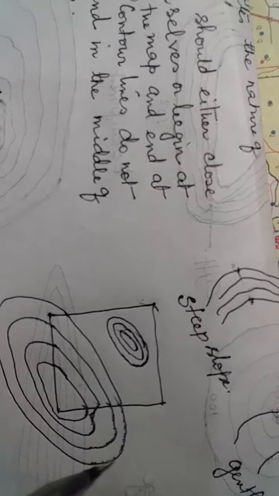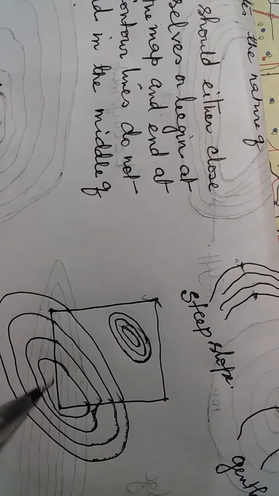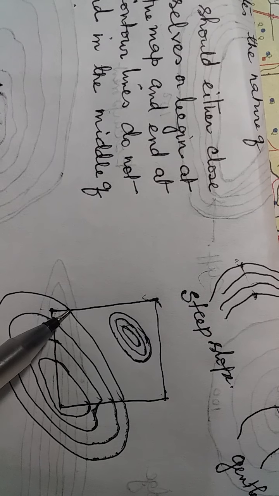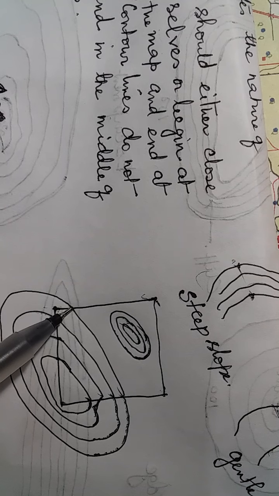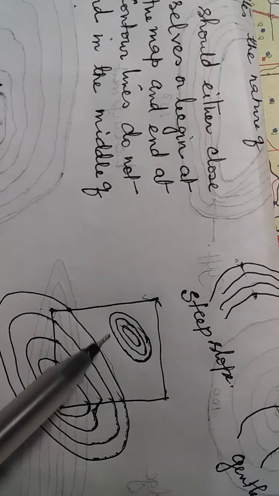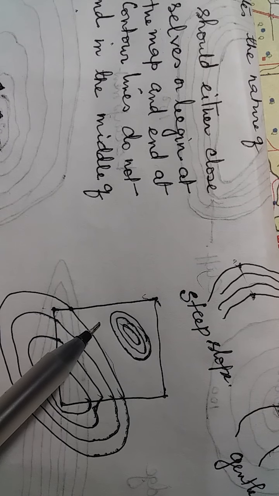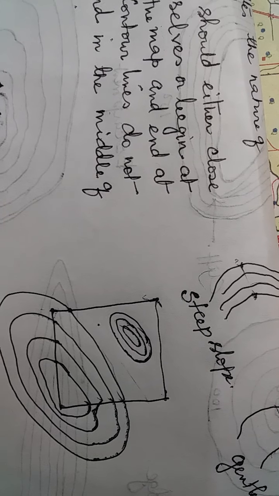But you have only this part of the topo sheet. So that's why it appears as if the contour is entering from one side and leaving the extract from another side. Never do you have a contour which will start from the middle or any contour which will end in the middle.